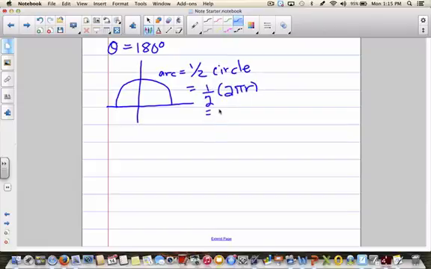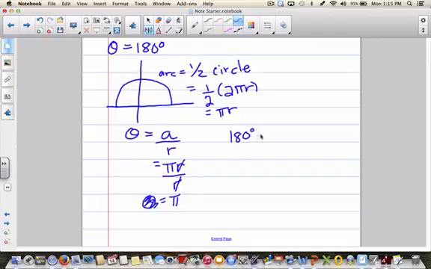Well, 1/2 of 2 is just 1, so that's pi r. So now theta is arc length divided by radius. That's how I do radians. But in this case, I have half a circle, so it's pi r divided by r. My r's cancel out, and 180 degrees is equal to pi radians, or 3.14 radians.